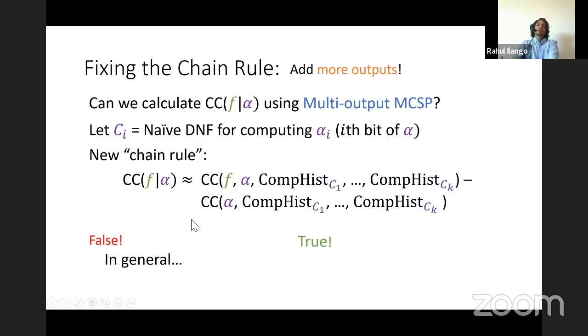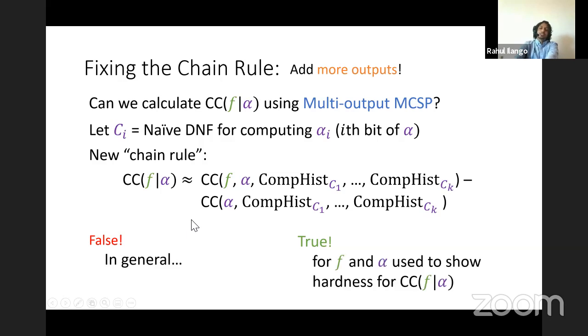But it's true for the specific F and alpha used to show hardness for computing the relative complexity. In particular, the hardness for computing this relative complexity uses a random F and a nearly random alpha. And because these things are randomized, maybe there are some things that are potentially useful when you compute these things, but are they going to be that useful for a random function?